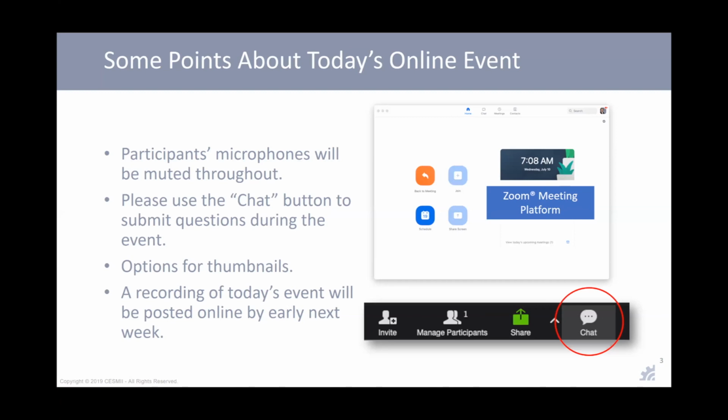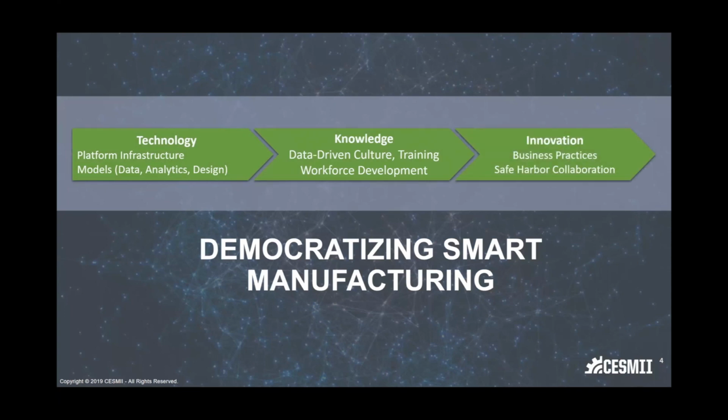The goal of today is to get me out of the way and get Haresh and Jonathan talking as quickly as we can. I just wanted to take literally 2 minutes or less to remind everybody of what we're here for and what this milestone event means for us, showing the technology platform. We talk about a focus as an institute of democratizing smart manufacturing, and we talk about it in 3 specific pillars.